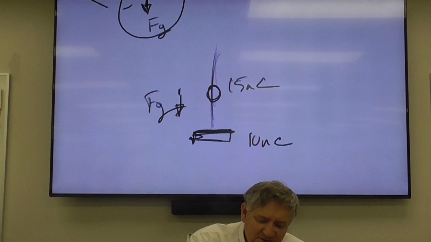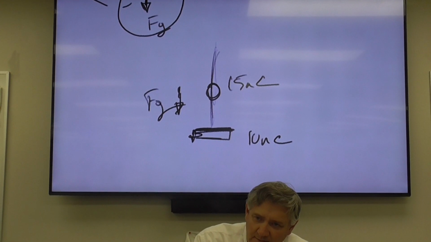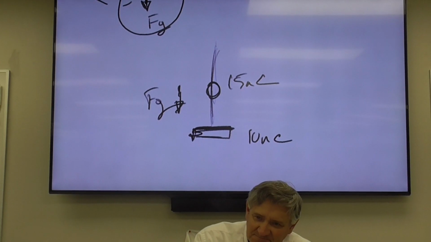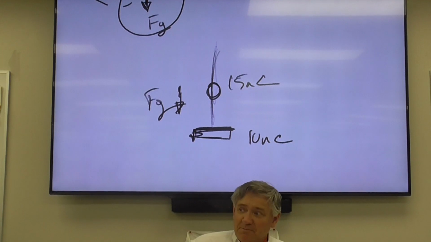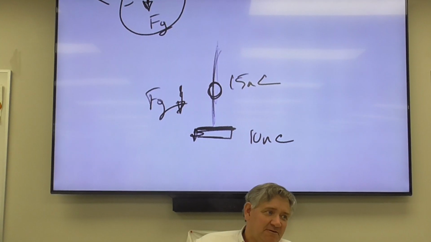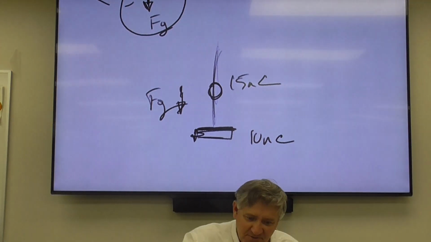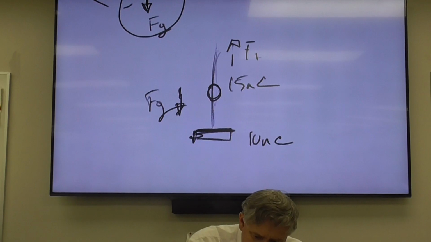Now, which direction does the electrical force have to be acting? Jaden? Opposite. Yeah, because if your electric force was also pulling it down, it couldn't hover, right? So you know the force from your electric field is going to be pointing upward.